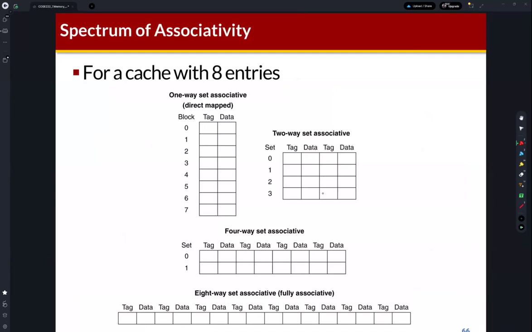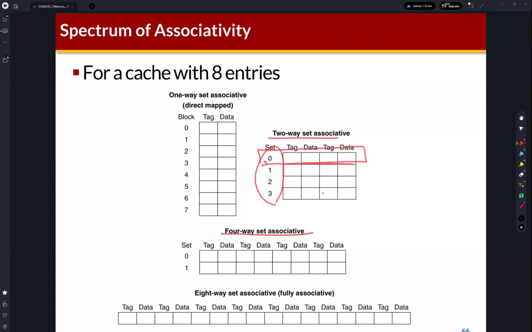This example shows the various set associativities of the cache. A direct mapped cache has a single cache block in each set. If there are 8 cache blocks, then in a two-way set associative cache each set can include 2 cache blocks, which means there are 4 sets here.